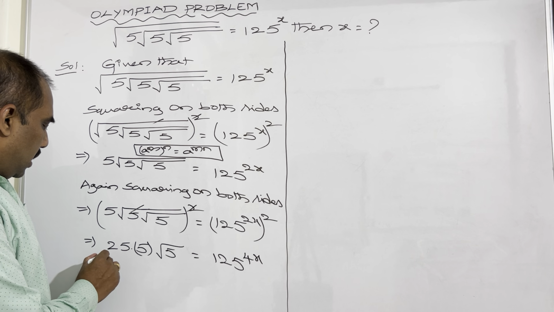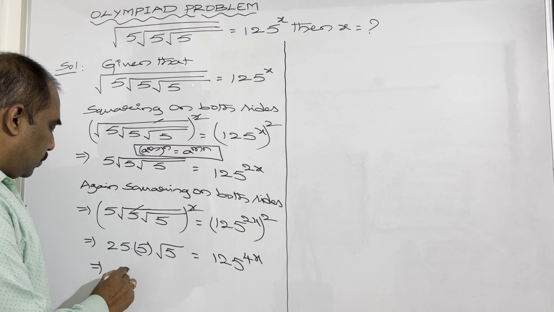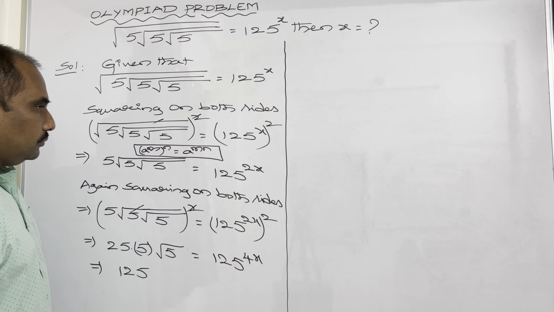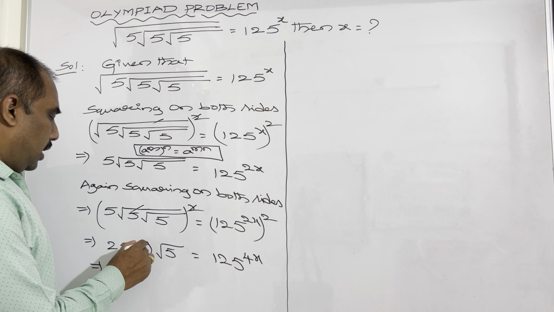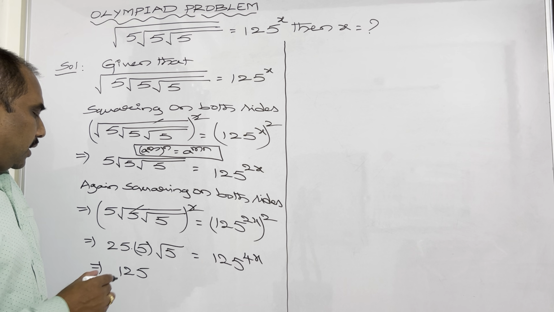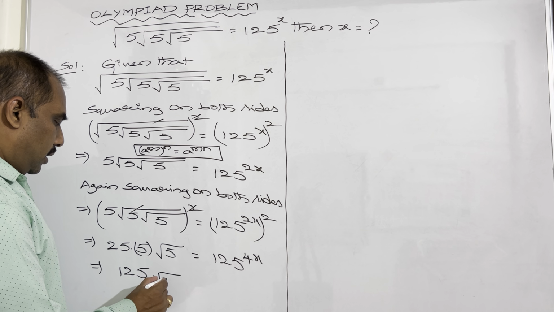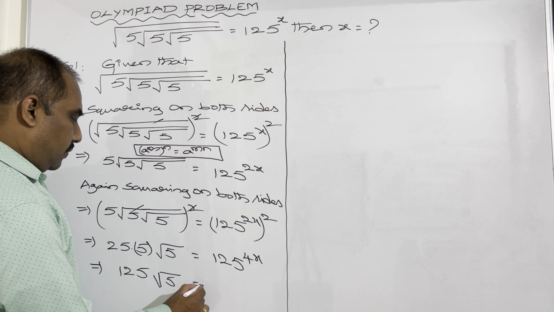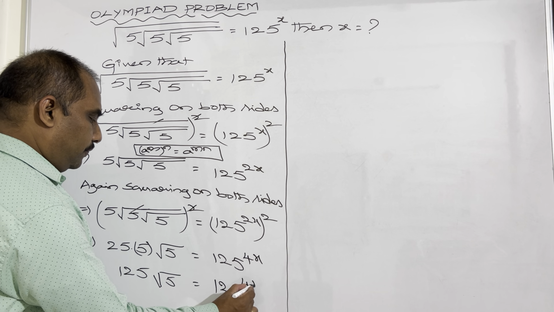See now here 25 into 5, so it becomes 125. So 25 into 5 becomes 125, into root over 5, which is equal to 125 whole to the power of 4x.